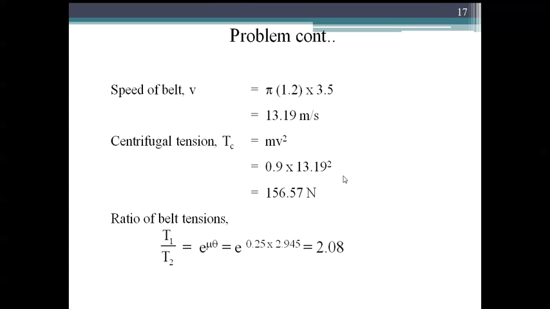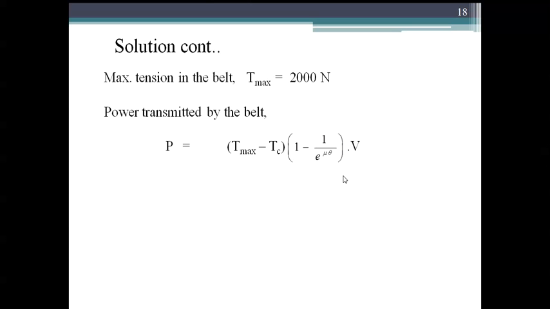That is equal to 2.08, the ratio of belt tensions. The maximum tension in the belt is T max equal to 2000 newtons. While considering the centrifugal tension, power is equal to (T max minus Tc) into (1 minus 1 by e power mu theta) into V.